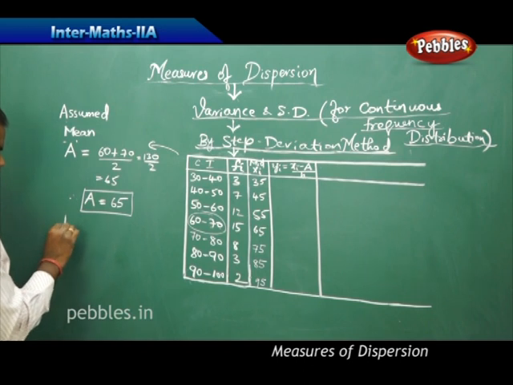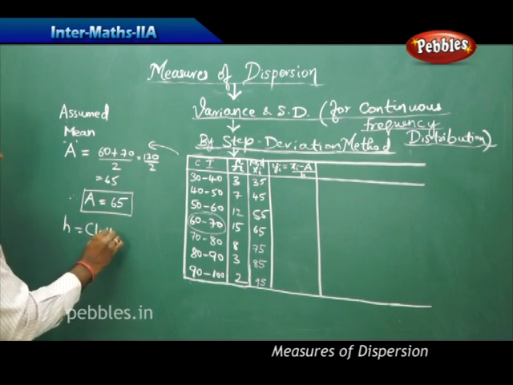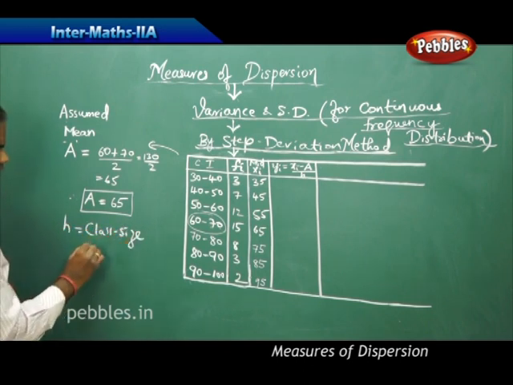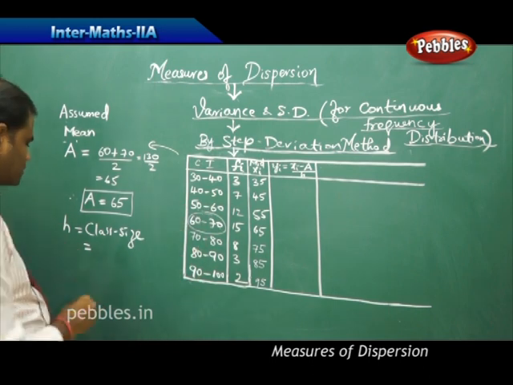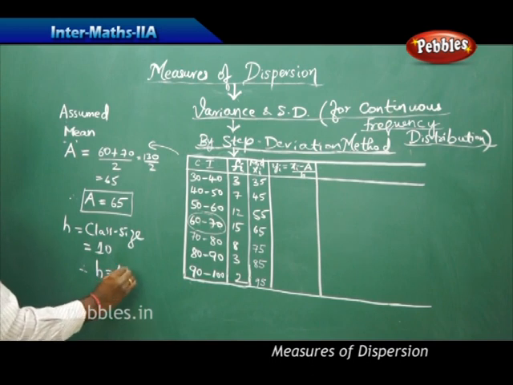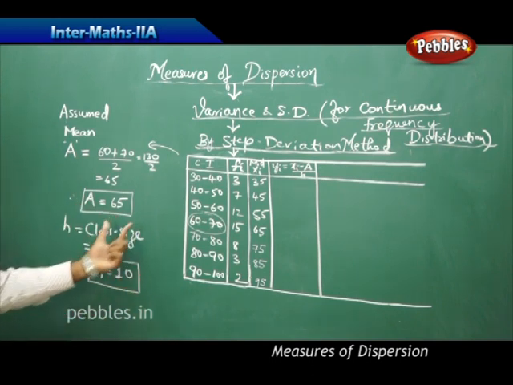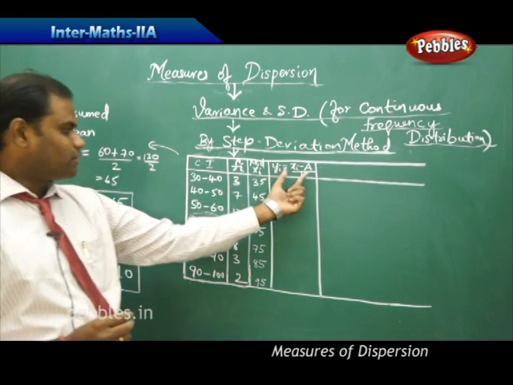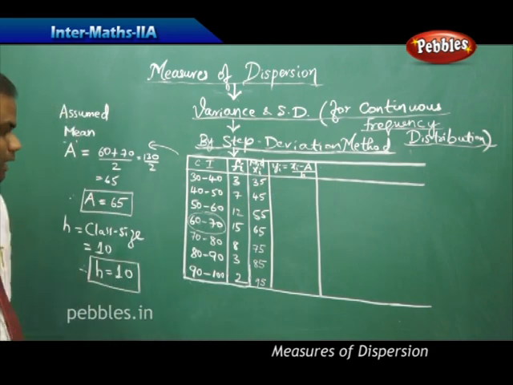And then h is the class size. Now I see that the class size is clearly the length of each class, which is 10, therefore h is 10 here. So using a equal to 65 and h equal to 10, I'm going to find each of the scores.